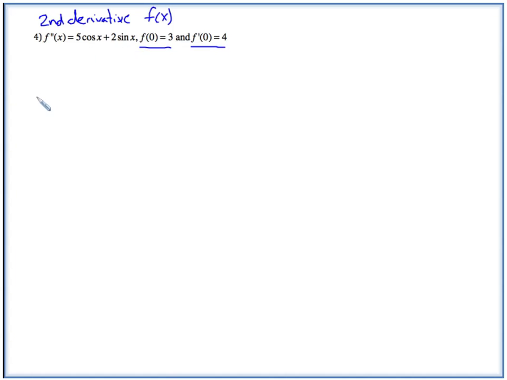So what we need to do is go ahead and find our first derivative by finding the indefinite integral of this right here. I'm just going to write that out.